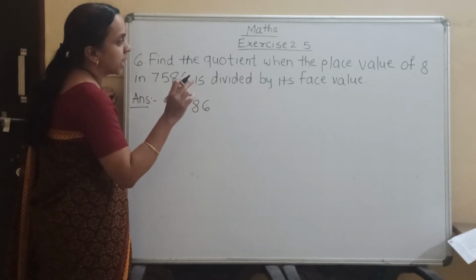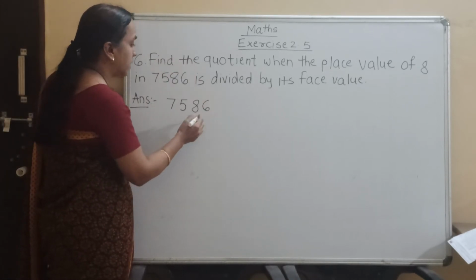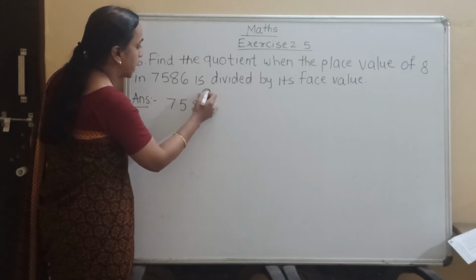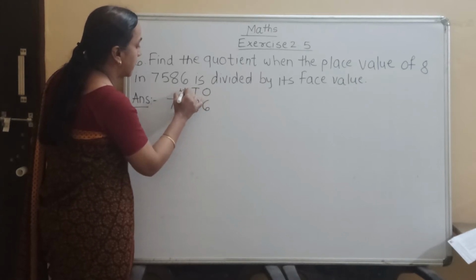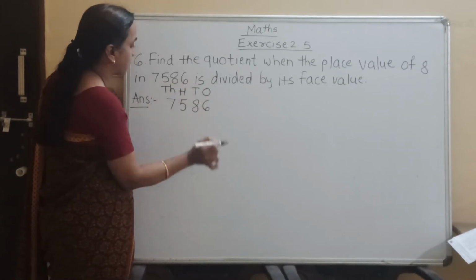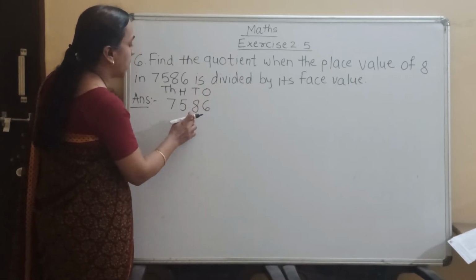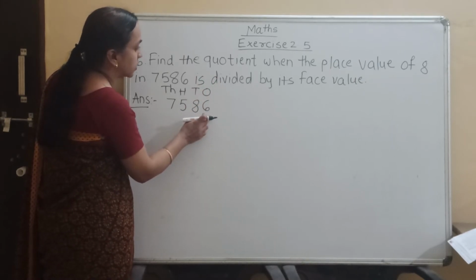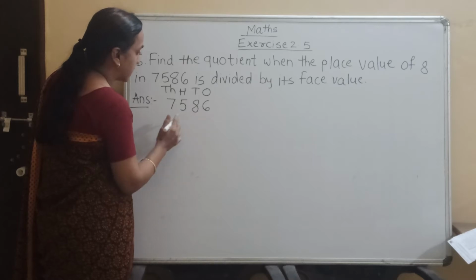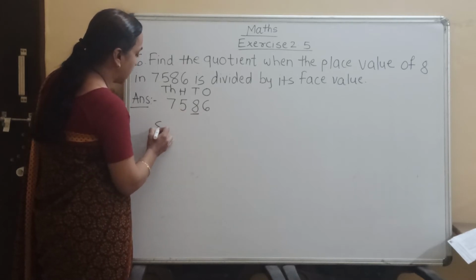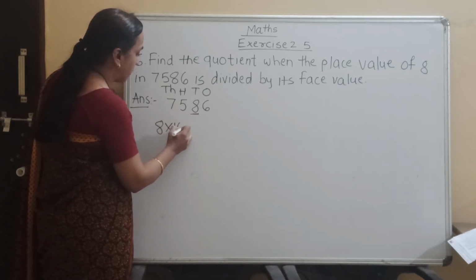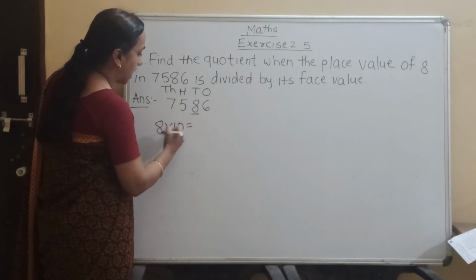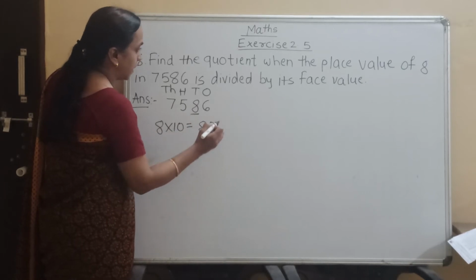We have to find out place value of 8. So you first write down ones, tens, 100, 1000. Okay. So place value of 8 we have to find out. So start with ones, tens. So place value of 8 is 8 multiplied by 10 equal to 10 8s are 80.